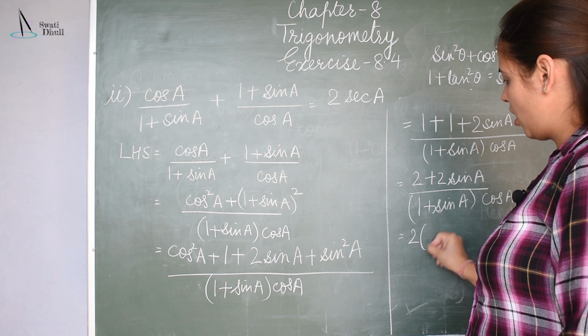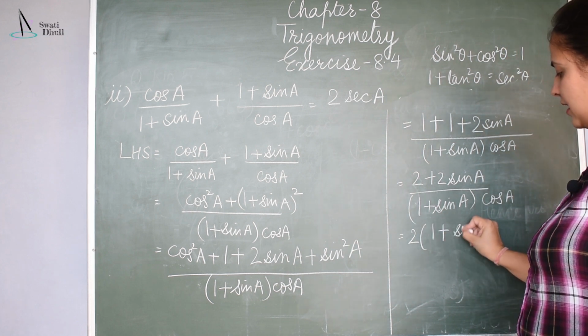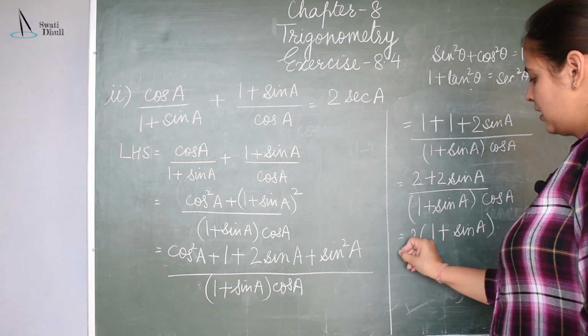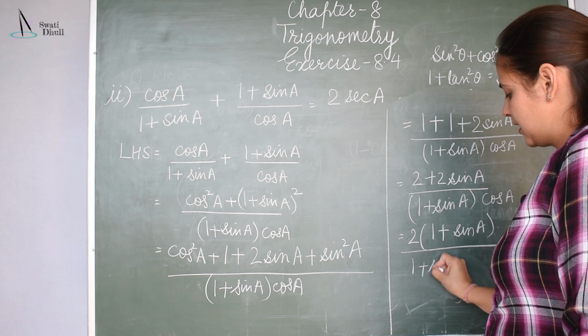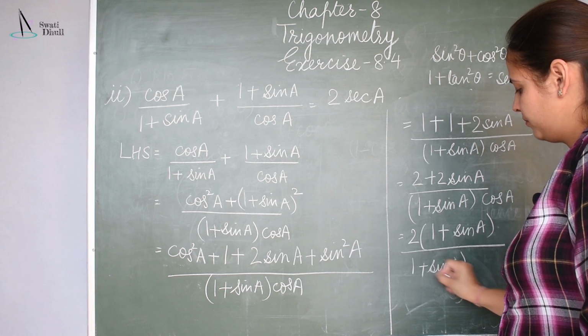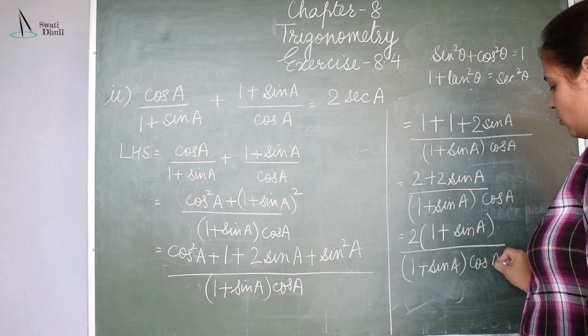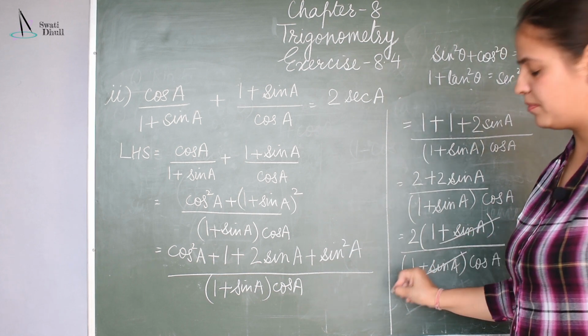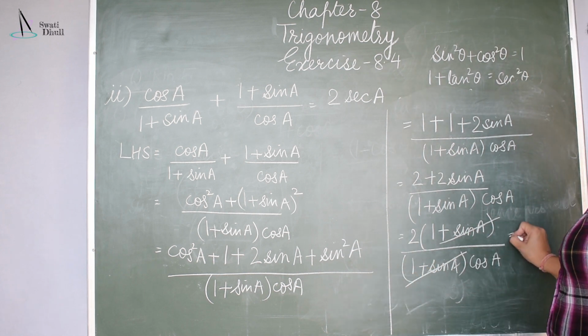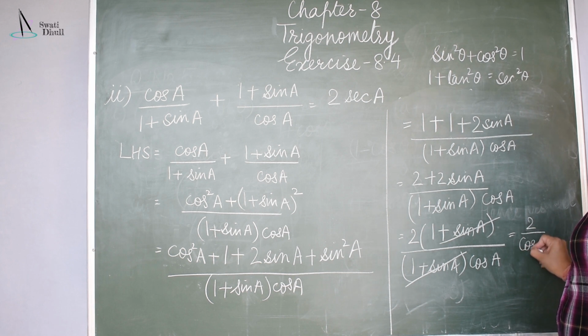If I take 2 common, I will be left with (1 plus sin A) divided by (1 plus sin A) into cos A. See, 1 plus sin A and 1 plus sin A will be cancelled. So what you have got here is 2 by cos A.